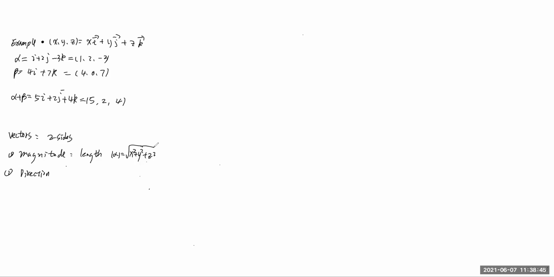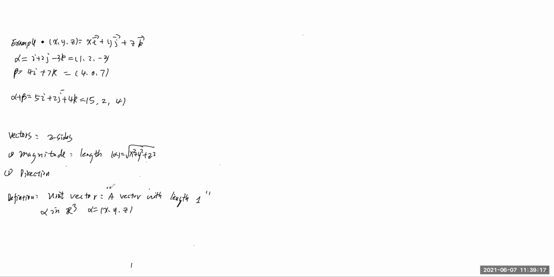So there is a definition called the unit vector. If we have a vector alpha in R3, like alpha is (x, y, z), so first, what's a unit vector? A vector with length 1.